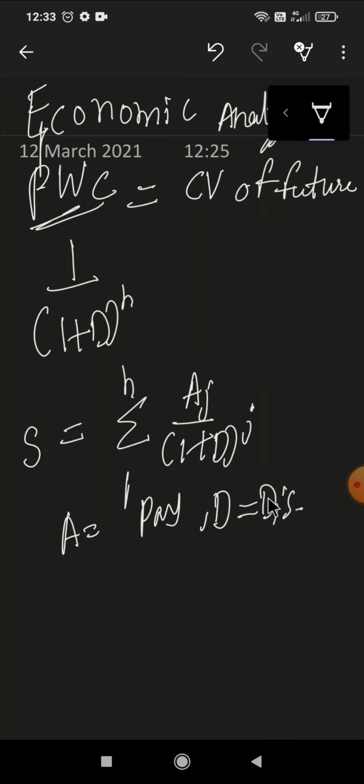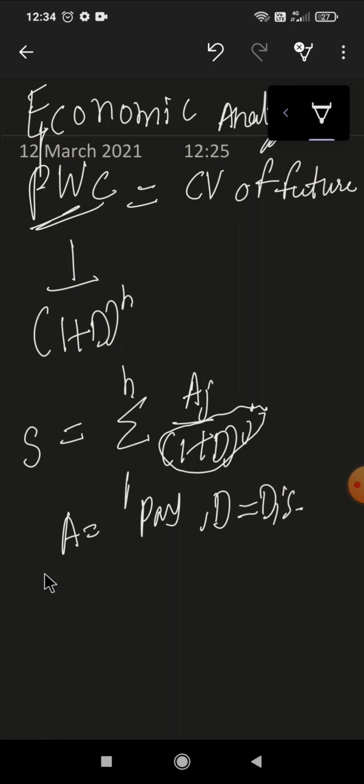From this we will get the sum, and the term 1 upon (1 plus d) raised to j is called the present worth factor. We are calling this term PWF.